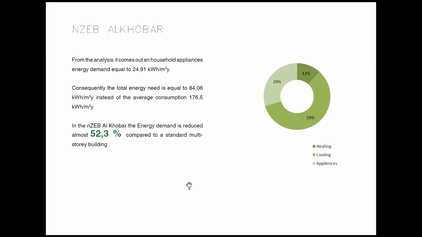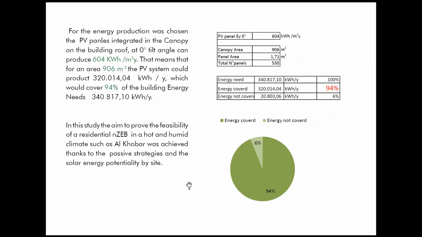In my opinion, it's a very good percentage. And using the renewable energy, I could cover 94% of the energy need, having only 6% of electricity from outside of my building.